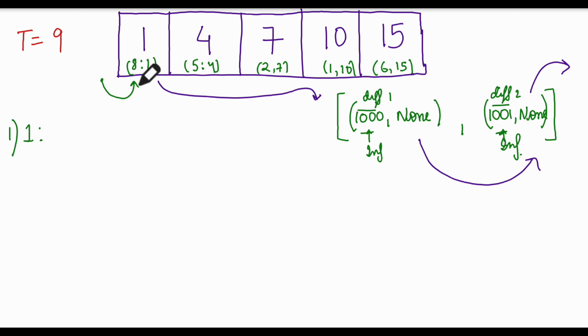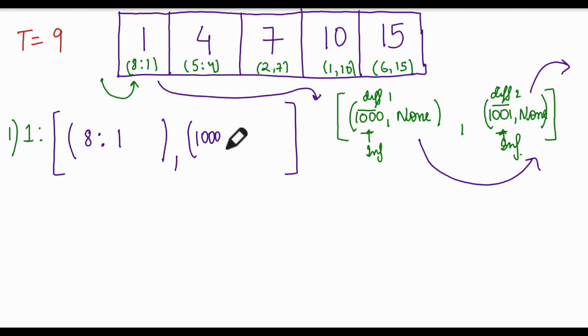So after the first iteration, the list will look like this. The first tuple will be 8, and the element will be 1. The second tuple will remain 1000, because I have moved the other one out of the list, and its element will remain none.